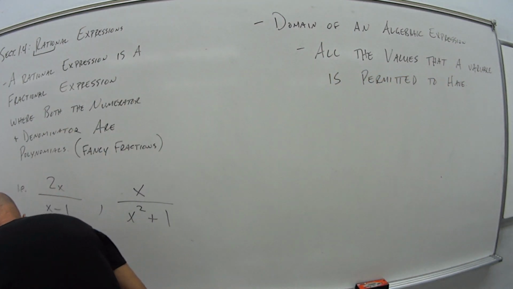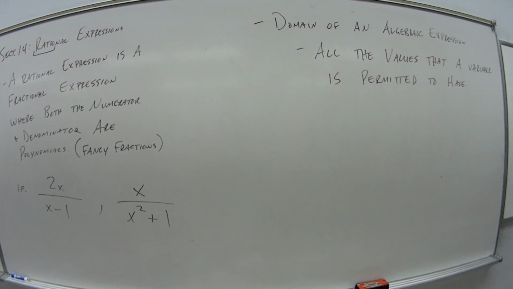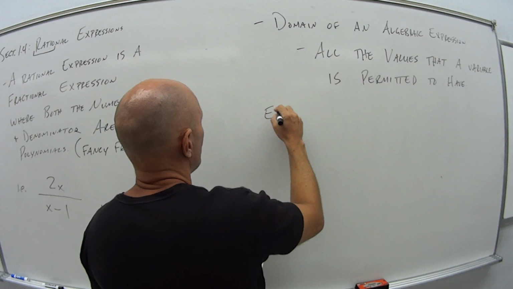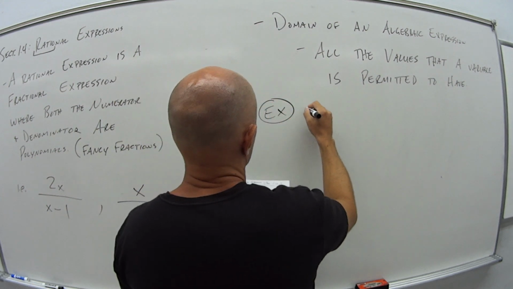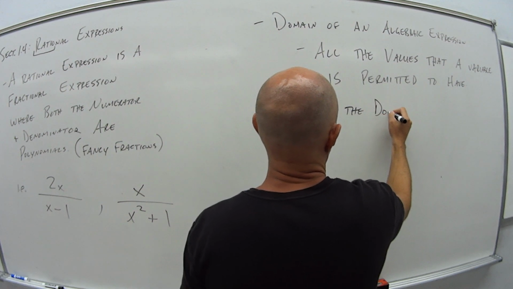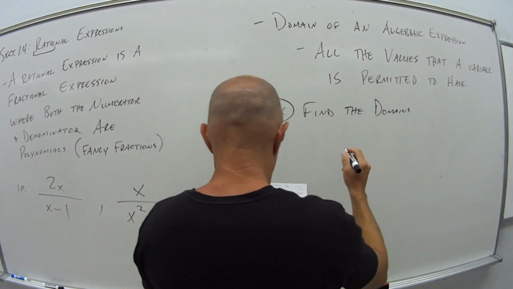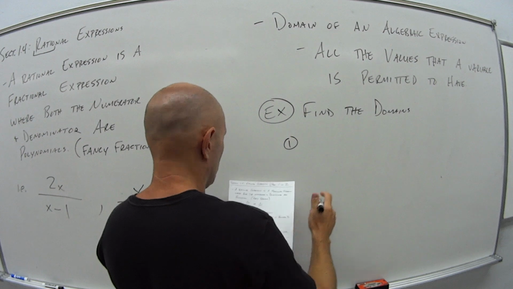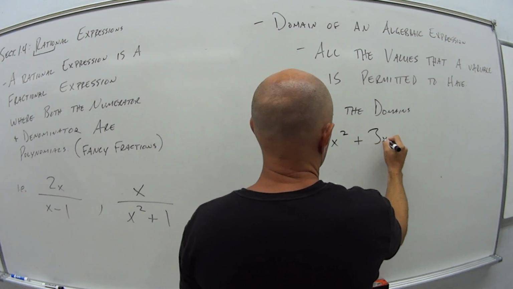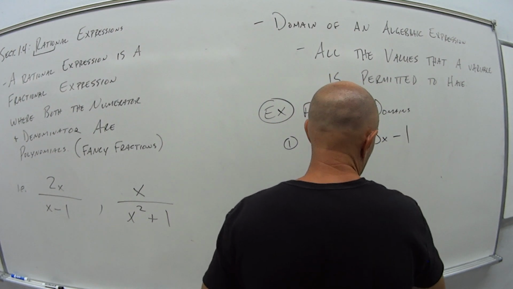So let's look at a couple examples. For the first example, we want to find the domain of 2x squared plus 3x minus 1.